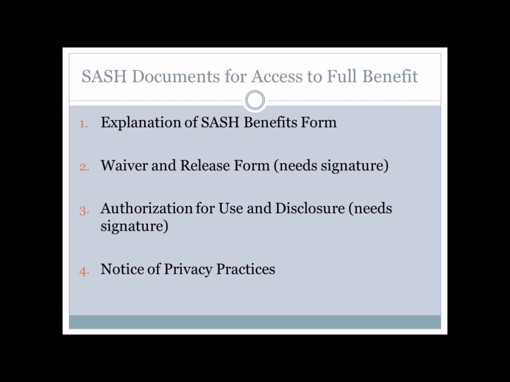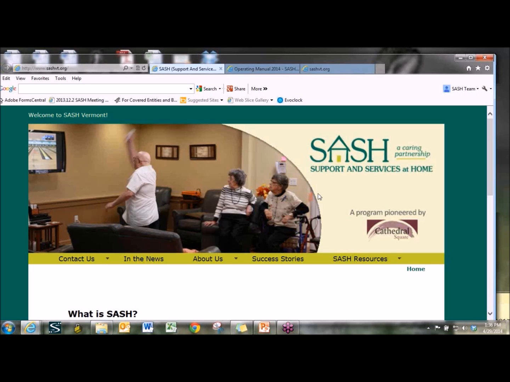So the next thing I want to do is show you where you find these. Who can tell me where you might go? The SASH website. The SASH website, yes. So these forms are kept in the operations manual, which is on the SASH website in the forum. So you go to the SASH website, as I said, sashvt.org, and you guys should all have that as a favorite on your favorites bar.